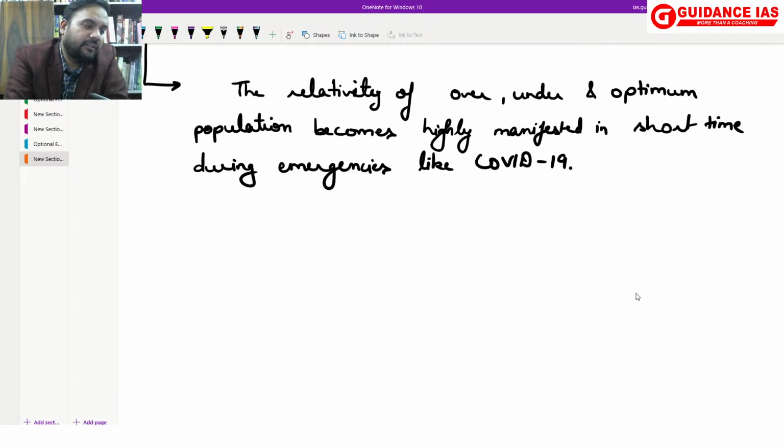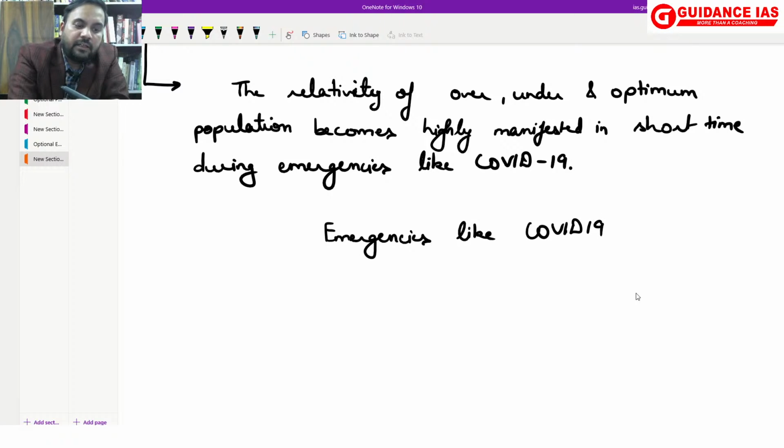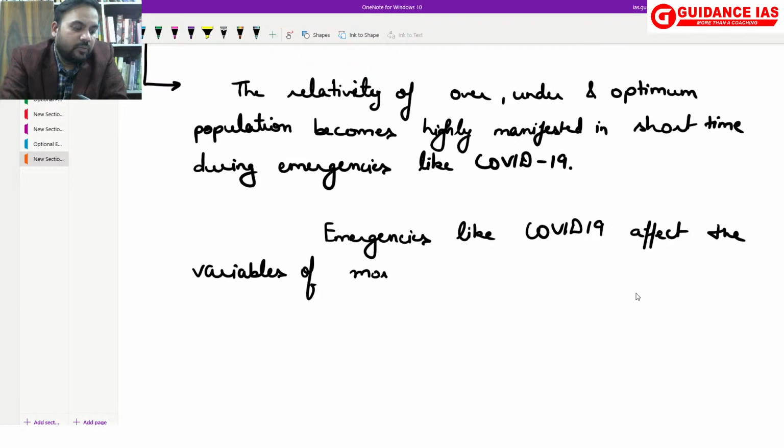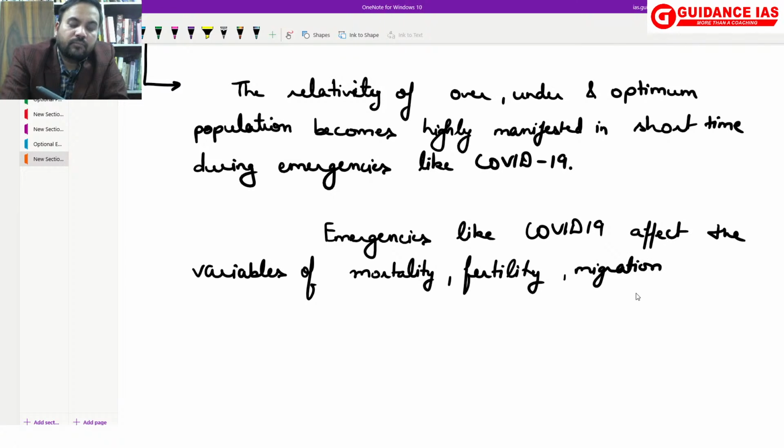Then I'll start writing and I'll say that emergencies like COVID-19 affect the variables of mortality, fertility, migration, production and consumption.